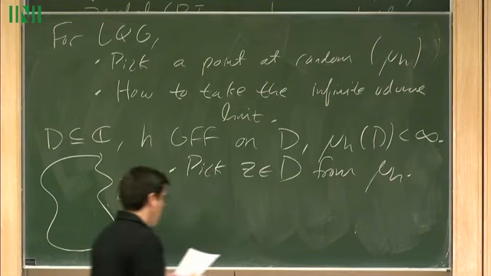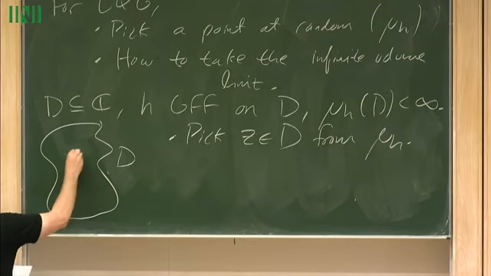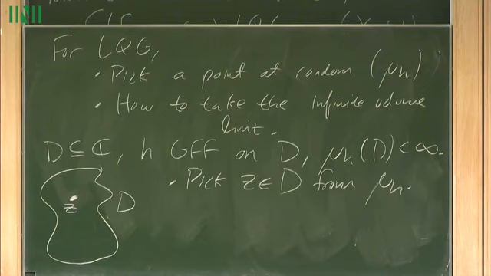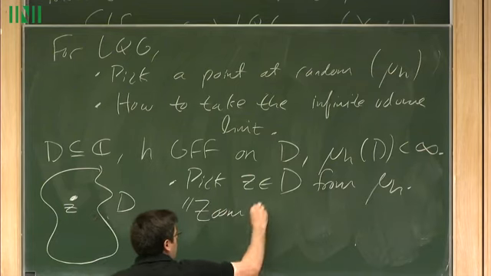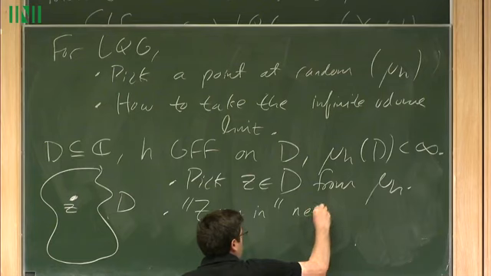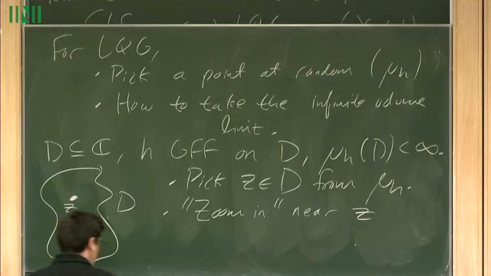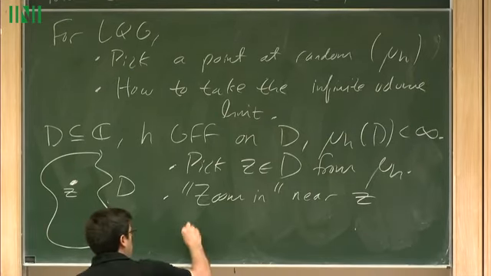Okay? And then what we want to do is zoom in around this point and understand what the local picture is converging to. Okay, so we're going to zoom in near z, and so what is the right way to do that?